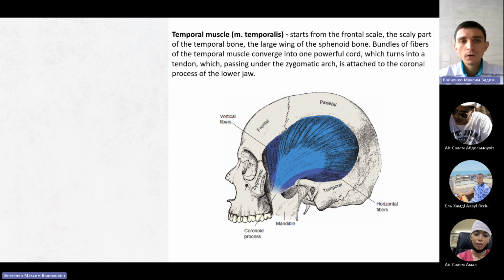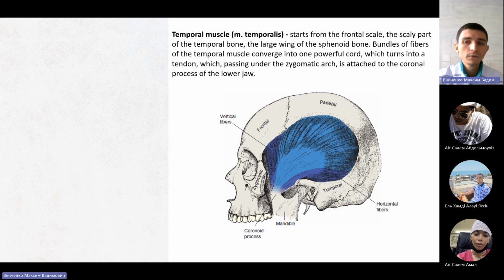Temporal muscle, or musculus temporalis, starts from the frontal scale, the scale part of the temporal bone, the large wing of the sphenoid bone. Bundles of fibers of the temporal muscle converge into one powerful cord, which turns into a tendon. So here begins the tendon, which passes under the zygomatic arch.